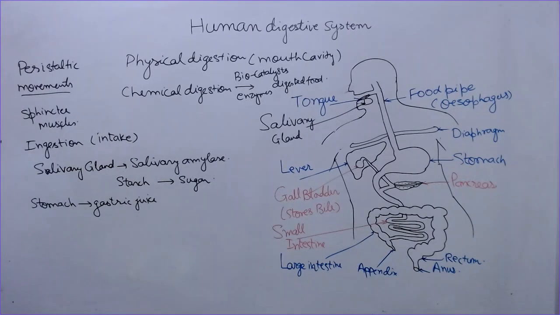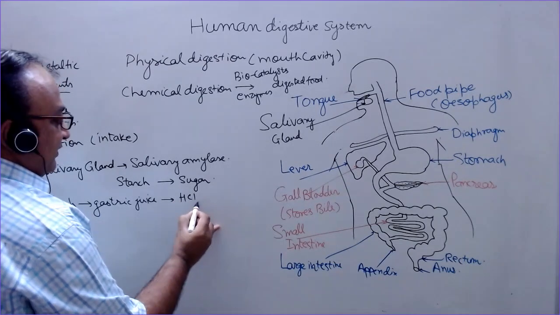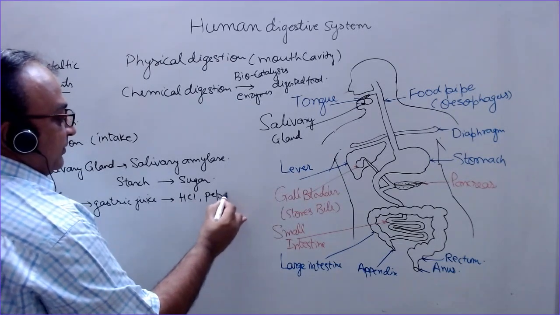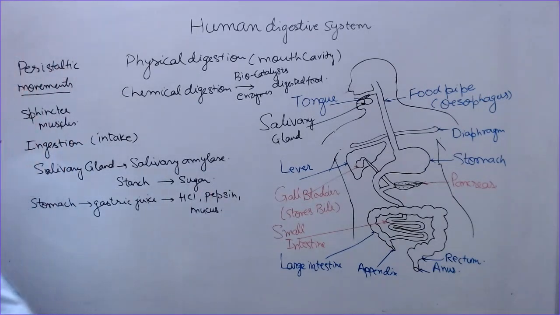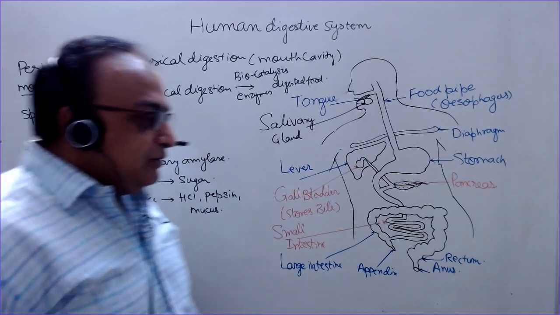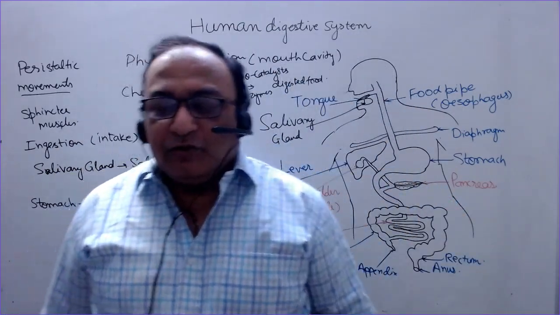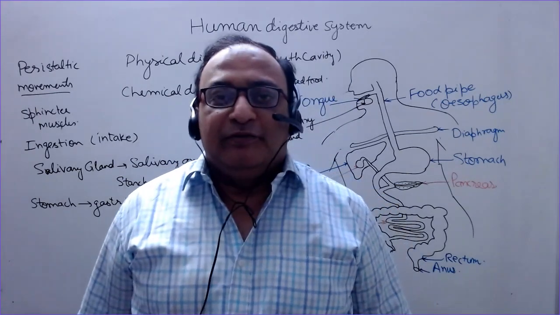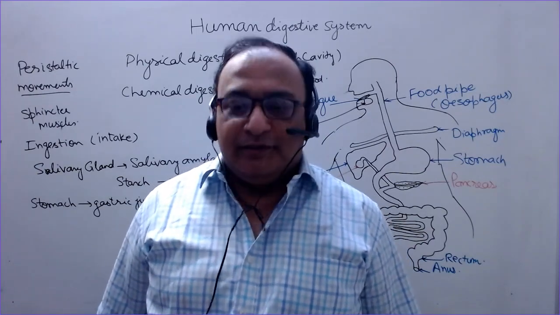Gastric juice contains three substances: one is hydrochloric acid, another is pepsin, and the third one is mucus. Hydrochloric acid makes the medium acidic. Why does it make the medium acidic? Because pepsin is an enzyme which is secreted here, and pepsin works only in an acidic medium. So an acidic medium is required.